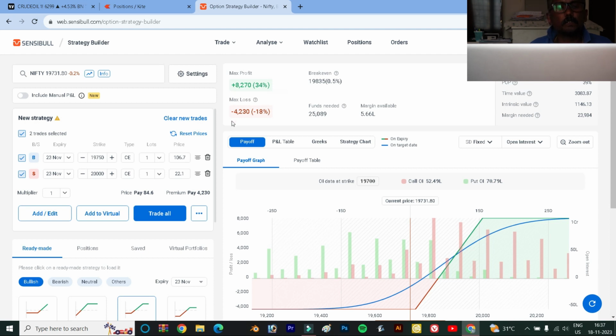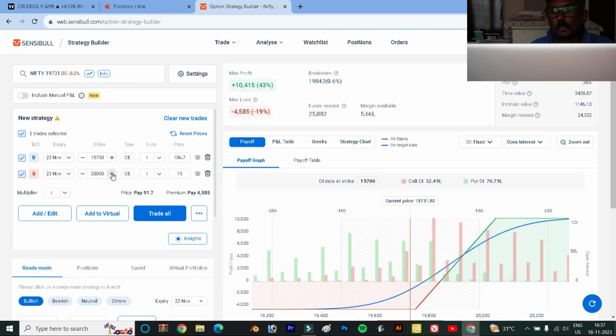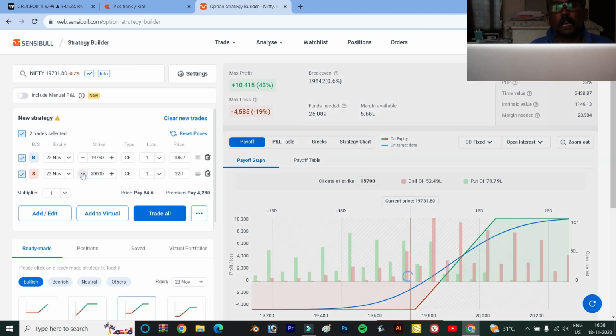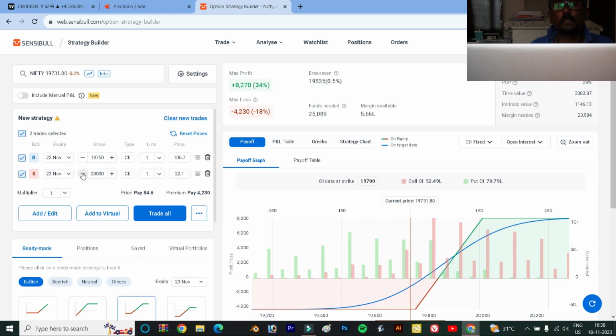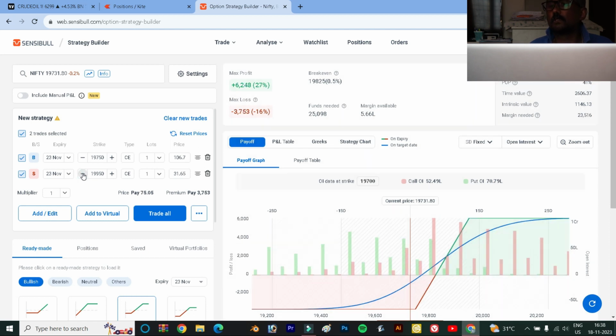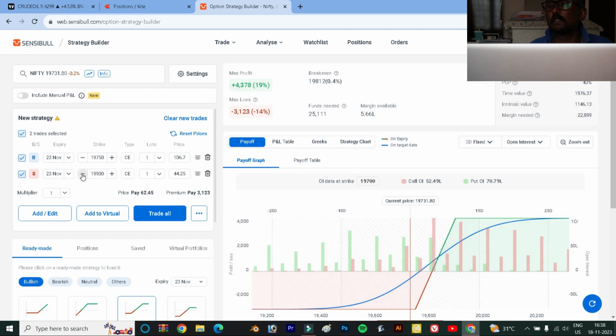So if you do the selling pricing, if I increase the strike price, what will happen to this? See, if I increase the price, the maximum profit will be increased and the maximum loss will also be increased. Okay, so what is the probability? Probability is again going to 39, but that is very, very low.